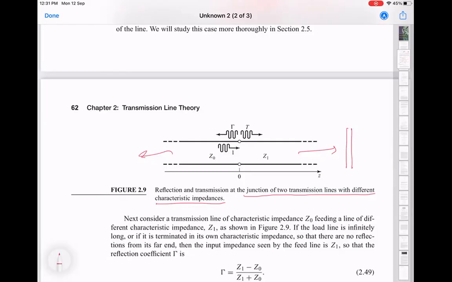Why do we need an infinite line? It's to prevent multiple reflections, so that we are only able to think about this boundary and not anything else. So when a wave comes from left, comes to this boundary, there will be one reflected wave and one transmitted wave, but the transmitted wave never comes back.